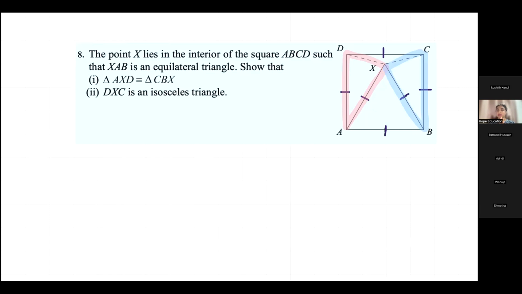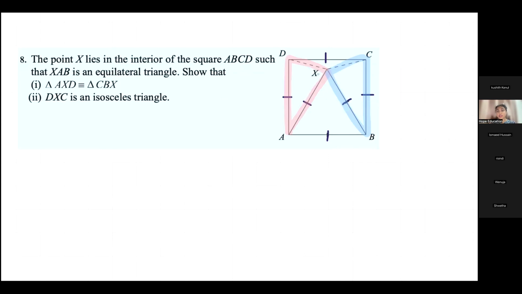What are the common elements? DA and CB. DA is this, CB is this. They are equal, yes, because they are the opposite sides of a square. So we have one side pair.